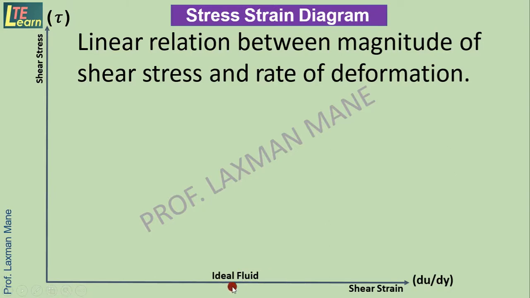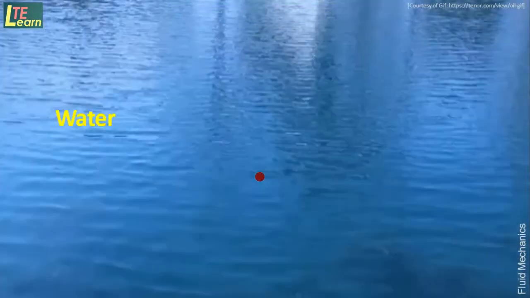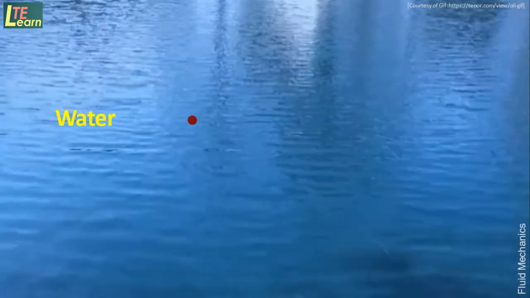Such fluids are ideal fluids, so an ideal fluid is represented by a horizontal line. Along the vertical axis, there is no permanent deformation at zero shear stress, so this is called an elastic solid, represented by the vertical line. Here this is a Newtonian fluid, which obeys Newton's law of viscosity. These fluids are water and oil.